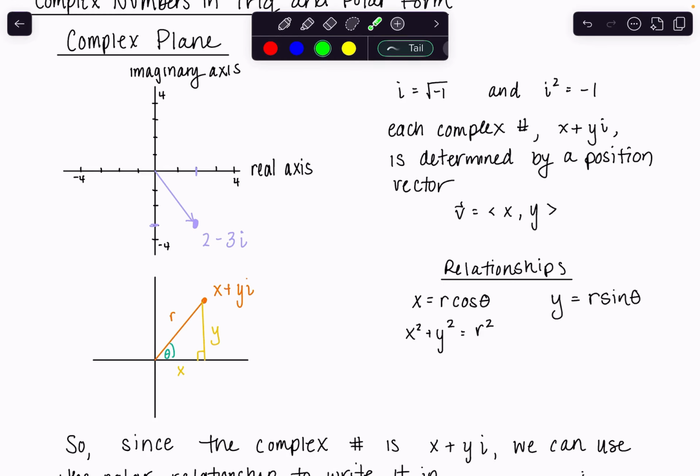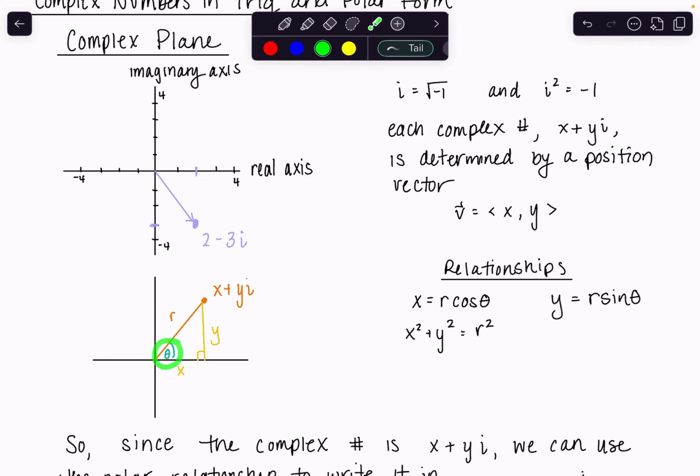Also, if I'm given the xy coordinates and I need to come up with the trig form, this is how I can find r. I also need to figure out what theta is. It's likely going to be some point on the unit circle, so you'd hopefully be able to recognize it by figuring out what sine and cosine are.